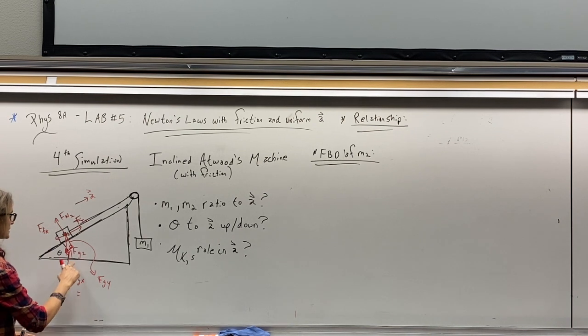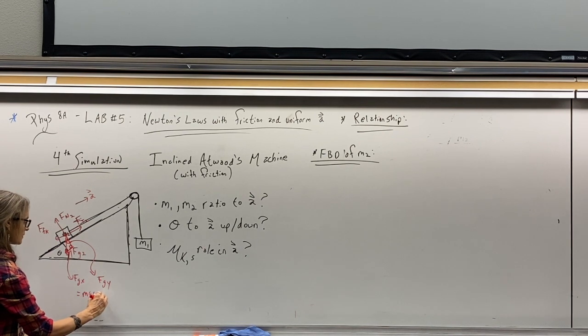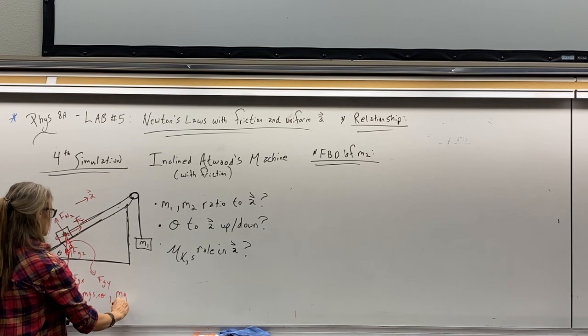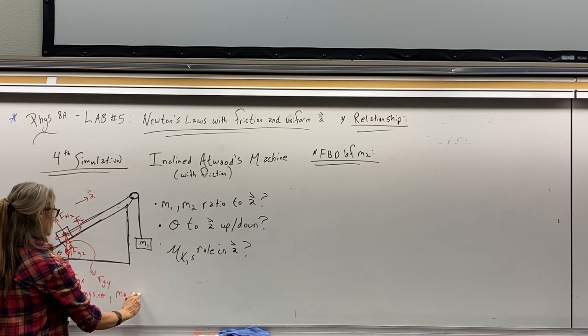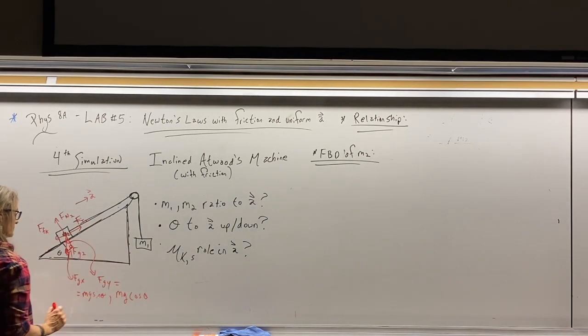So weight will be mg, here's my angle. This will be mg sine theta, just as before with the ramp, and this will be mg cosine theta. So just remember how these work.